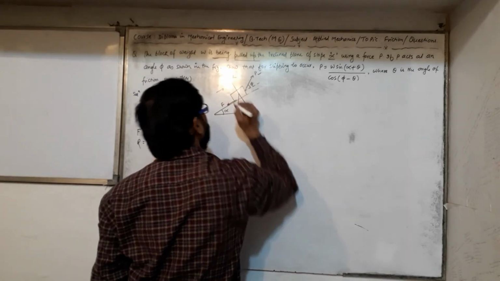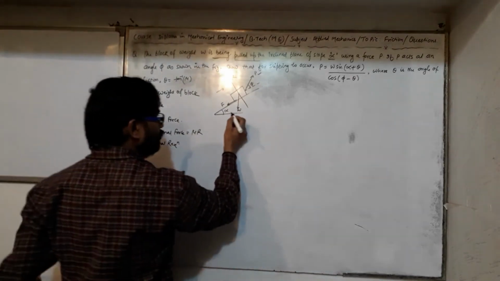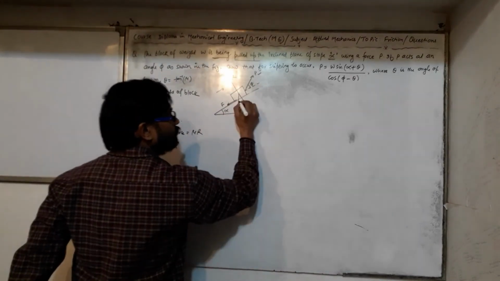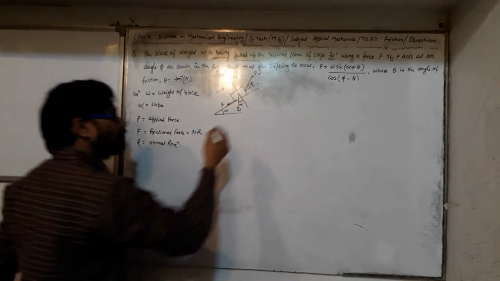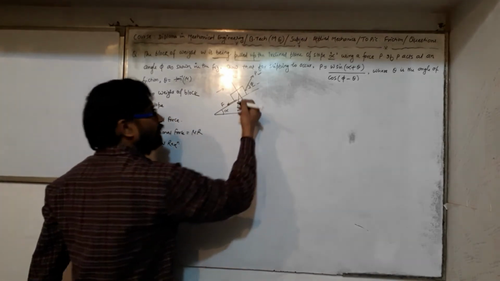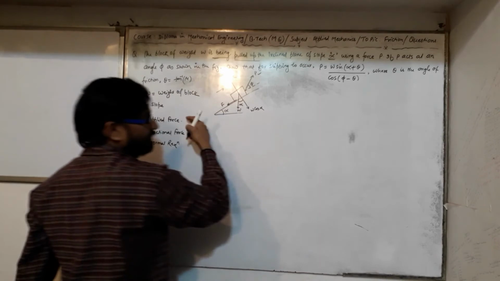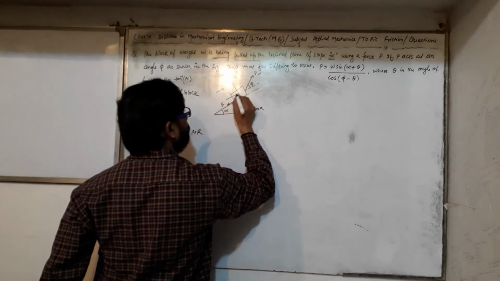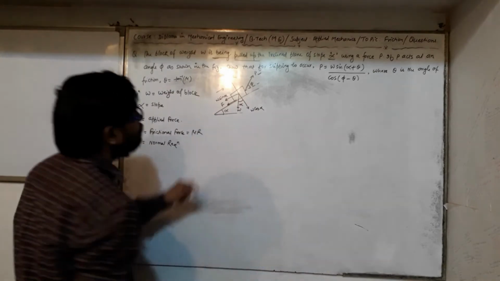This angle must be equal to alpha. I have already explained that W has two components: one is W cos alpha and another is W sin alpha, in this direction.